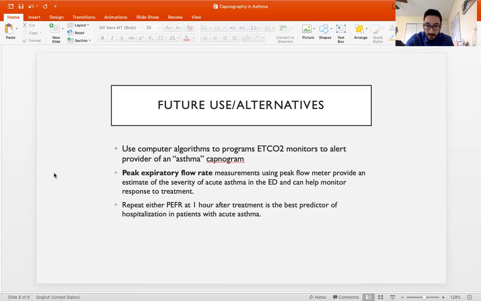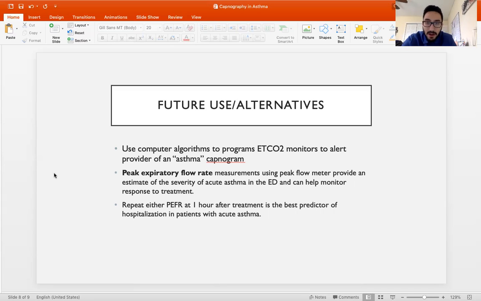The monitor you're looking at shows your numbers and your capnogram. They were talking about writing an algorithm and programming it into that monitor so that it's going to recognize an asthma capnogram and alert the provider that this patient is presenting with an asthma capnogram. So that's an interesting futuristic little take on it.